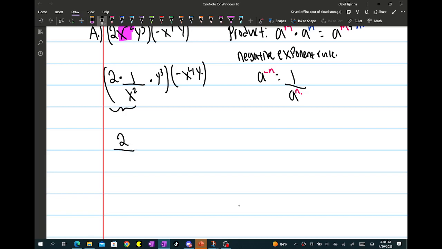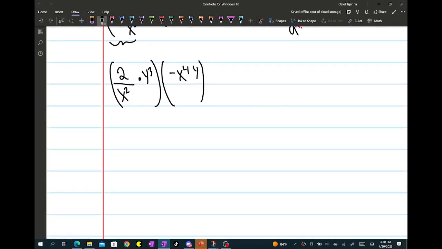So we have 2 over x squared times y cubed, times negative x to the 4th y. So 2y cubed over x squared, and then times negative x to the 4th y over 1. This is over 1, right?